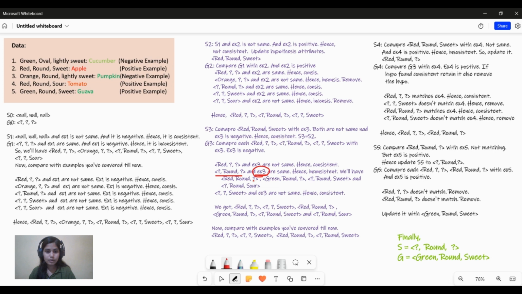And now we will replace this with the opposite values of this current example, which is orange. So I will consider red and green. So I took red and green, and the other attributes are exactly the same as they were.